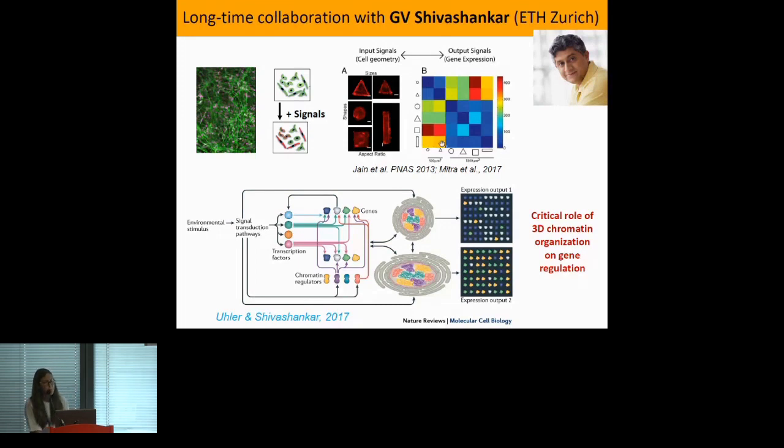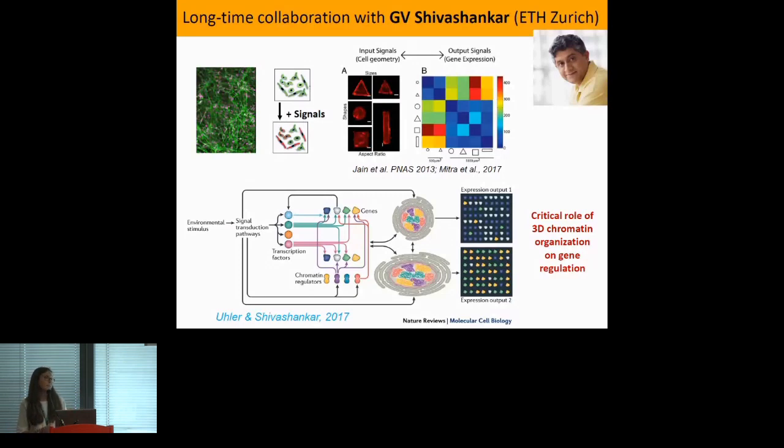Now, he then proposed, and this has led to a lot of the computational work in my lab, that the really important intermediary is the 3D genome organization. If you change the shape of these cells, and therefore also the shape of the nucleus, you change the 3D genome organization inside the cell nucleus. If different genes come close in space, you can have the same transcription factor go in, but it will turn on different genes at the same time.